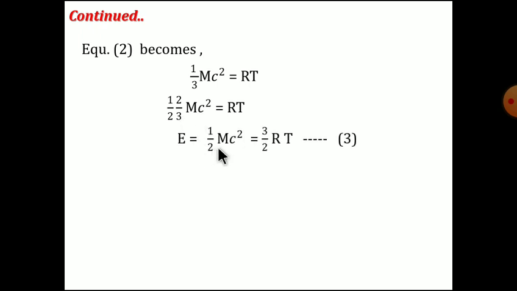The equation becomes 1/2 m C square. This 1/2 mC square is the kinetic energy. Therefore, we write E is equal to 1/2 mC square, and the other side keeps as it is, 3/2 R into T. This equation 3 represents the kinetic energy per mole of gas.